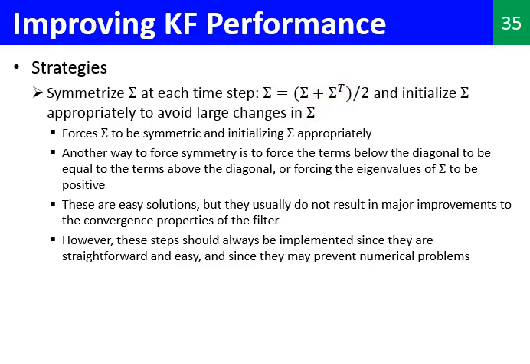Okay, a simple technique. Another way is to force the terms below the diagonal to be equal to those above the diagonal. Alright? So these are easy solutions we can try to improve the filter because they are straightforward. But you have to remember that if we have significant modeling errors, then these tricks would not really be helpful in recovering a poorly performing Kalman filter.